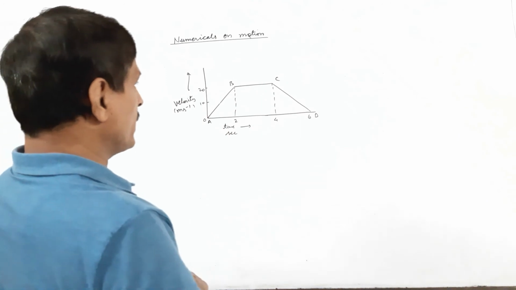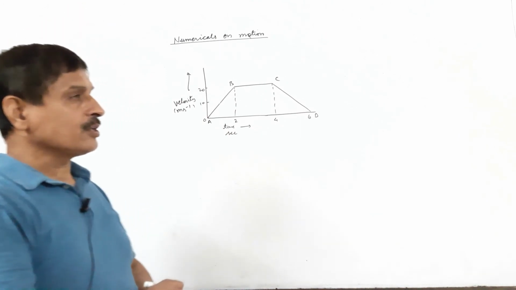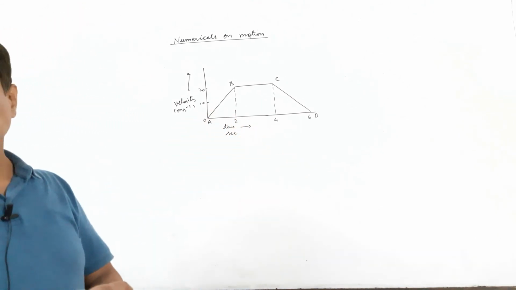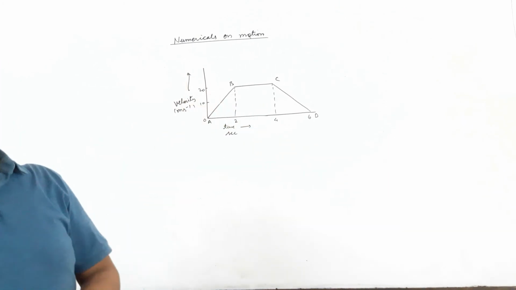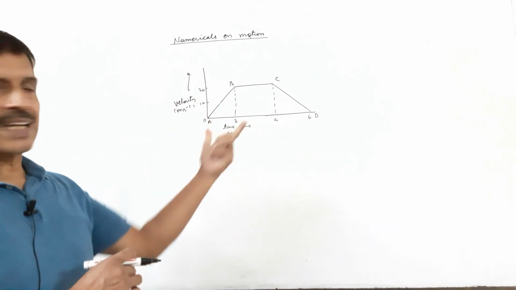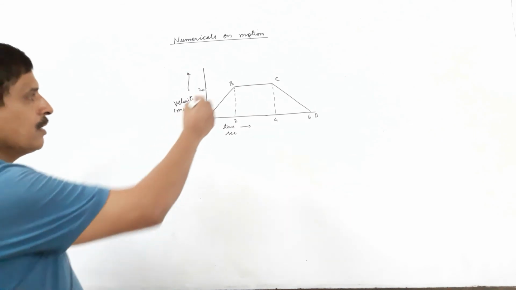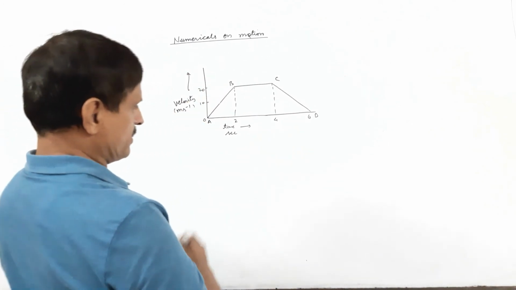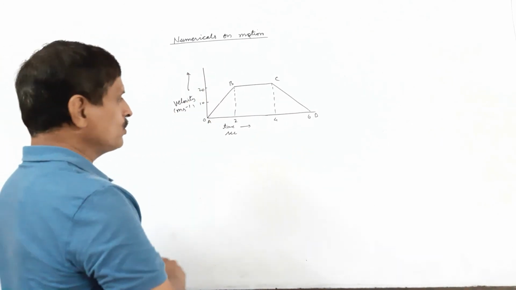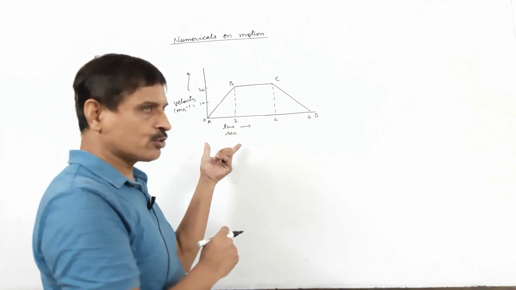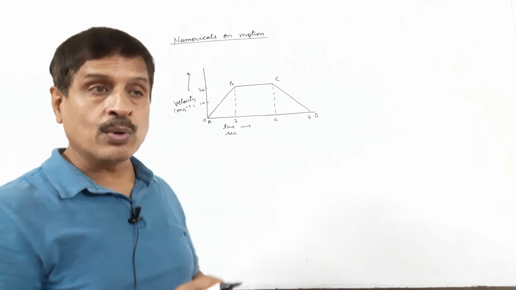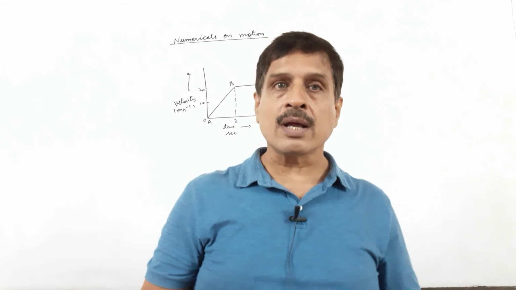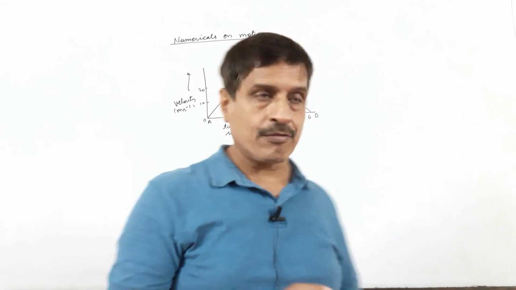In order to calculate the displacement during different time intervals or total displacement during 6 seconds or whatever it is. So, suppose we have to calculate the displacement during the first 2 seconds, then we know displacement is equal to the area under the graph AB.